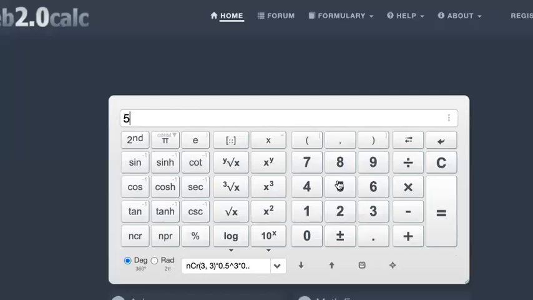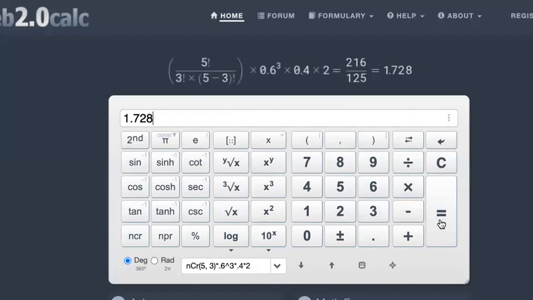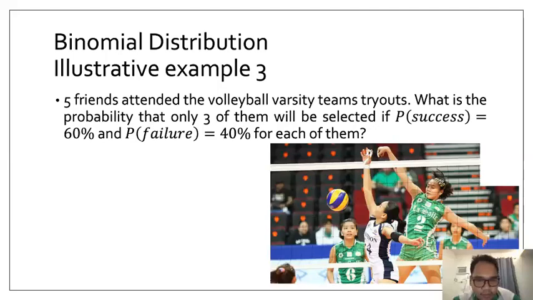So we're gonna write down 5 nCr 3, and we're gonna close the parenthesis and multiply that by 60%, 0.6 raised to 3, times again 0.4, the failure, multiplied by n minus 3, 5 minus 3 is 2, and it's gonna give me the answer, which is 1.728.